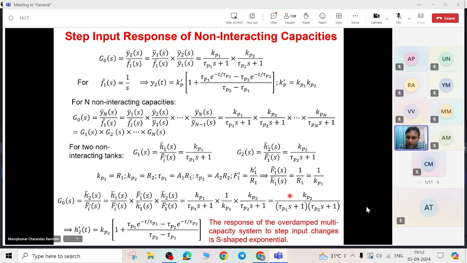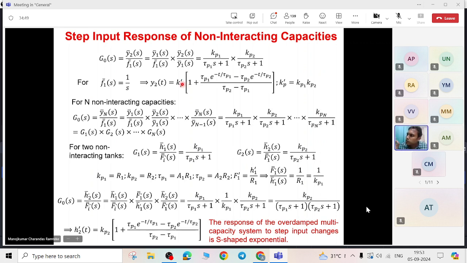Now I can multiply this additional term here, and if I multiply G1, G2, then this F1(s) will get cancelled out with this F1(s), and this H1(s) will get cancelled out with this H1(s), and finally I'm going to get H2(s) divided by Fi(s). So there is a small difference. There is a small extension with respect to what we have done earlier here.